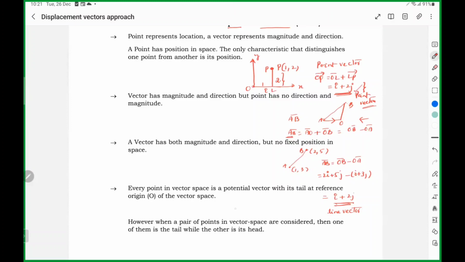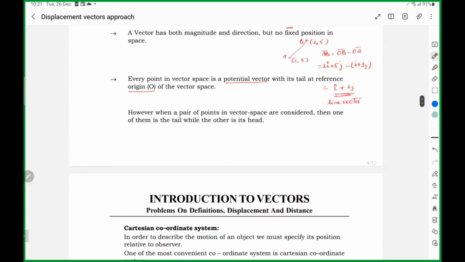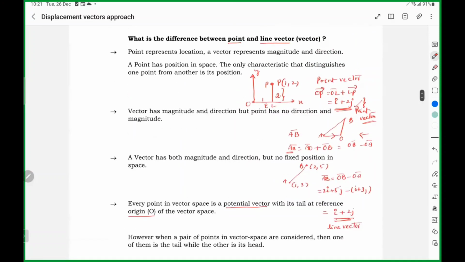Even a point vector is a position vector with respect to the reference point O. And another important point: a vector has magnitude and direction, but a point has no direction, right?